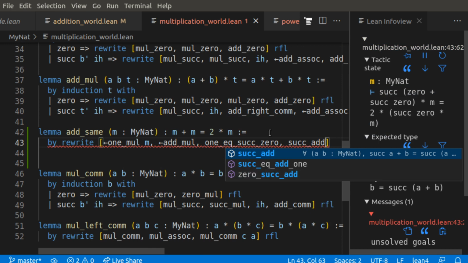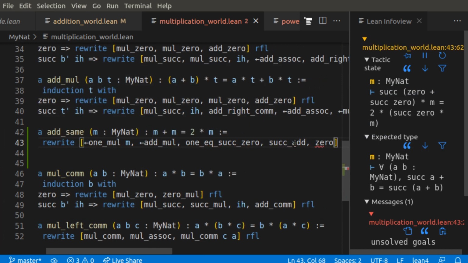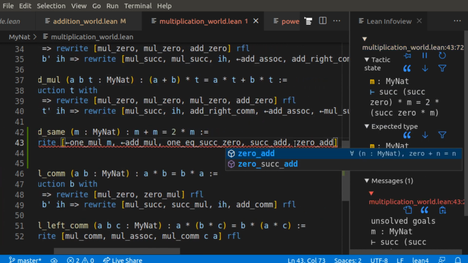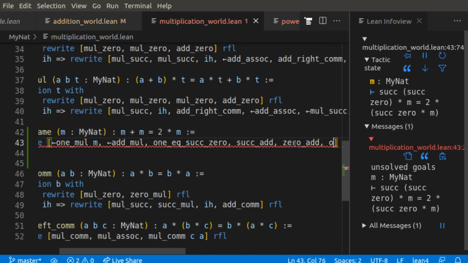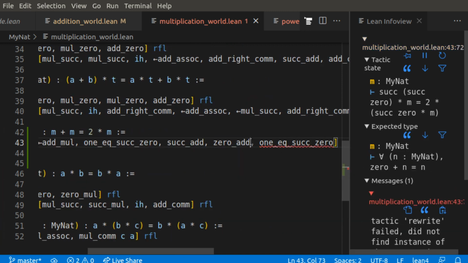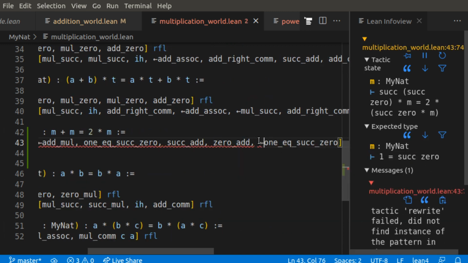Successor of 0, and then we 0 add. Notice that successor of 0 is 1, so 1 equals successor of 0. But we want to do that in reverse.